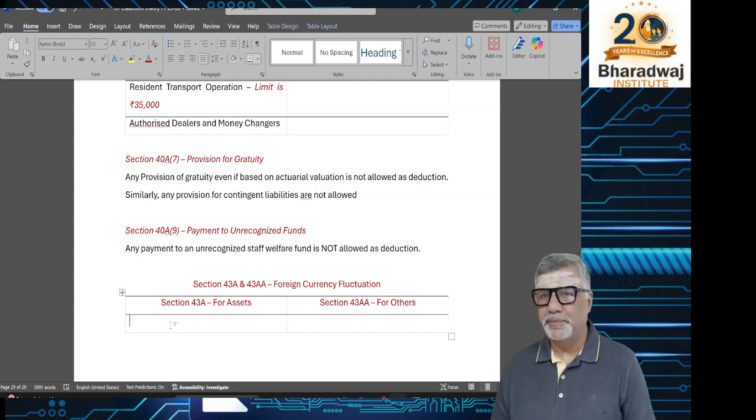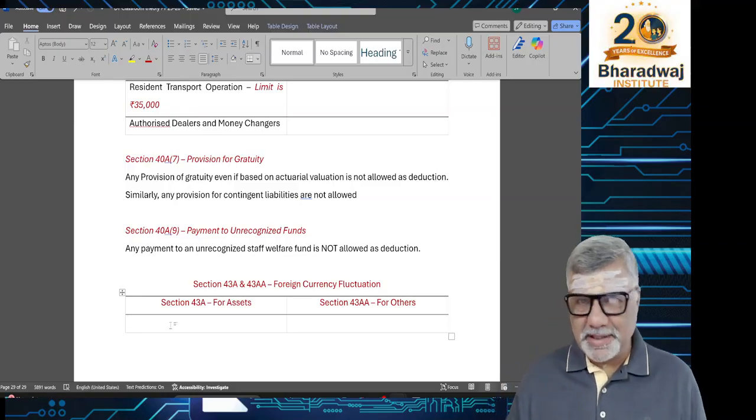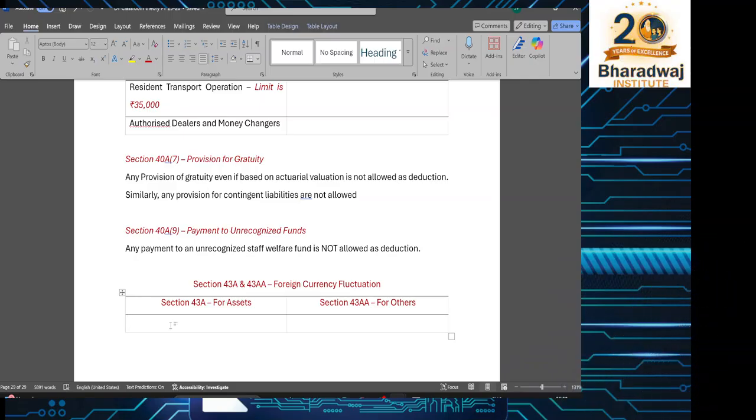What should I do for assets? Yes, exactly. We have written it in depreciation, cost of addition.